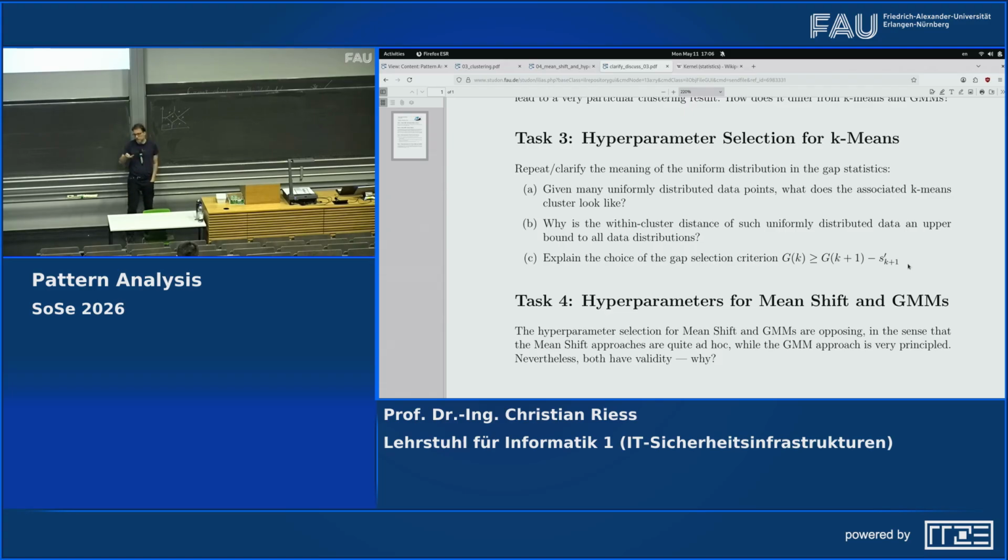Also, if we think about the within cluster distances, it's going to be some, let's say, average distance of the points in each of these clusters. So you can say it's almost like a proxy for the area of such a tile.